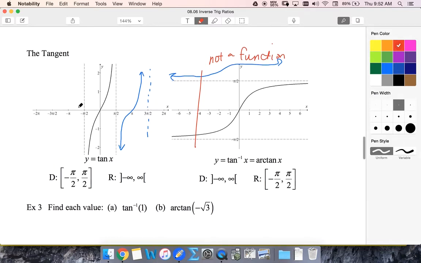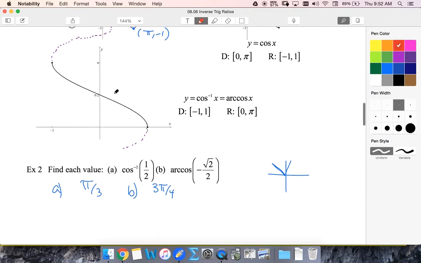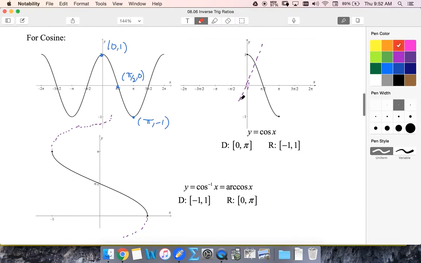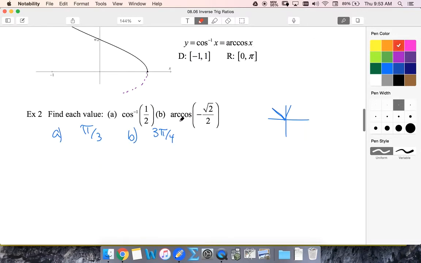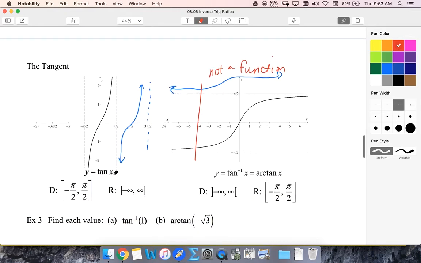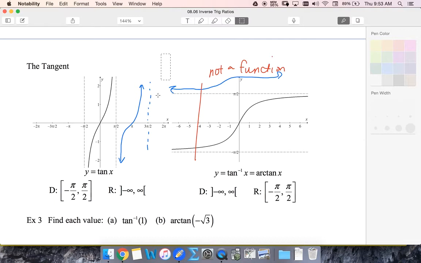So unlike the sine and cosine where we had to limit to half a period, because a full period would involve creating something not a function, with tangent we can do a whole period. We've got two asymptotes in the inverse. So I'm going to get rid of this so that we can look at the inverse graph. So we've got two asymptotes, and then we have x is an element of reals.